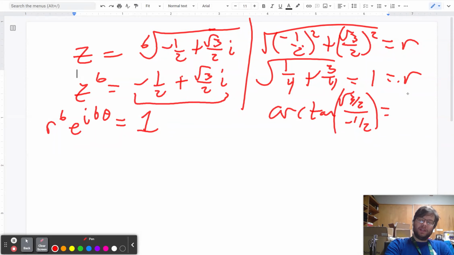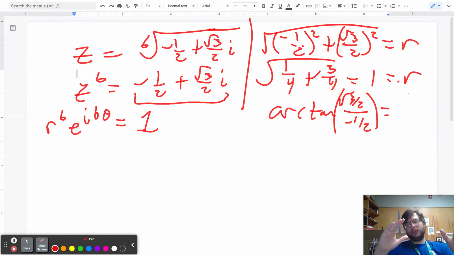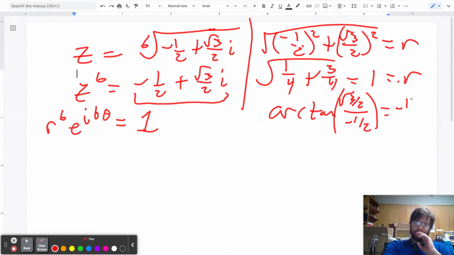The reason is because it thinks always only on the right-hand side of the unit plane in quadrants 1 and 4. So your calculator's going to think you're sitting in quadrant 4 because that gives it a negative value. It's going to think that you want as an answer negative pi over 3.